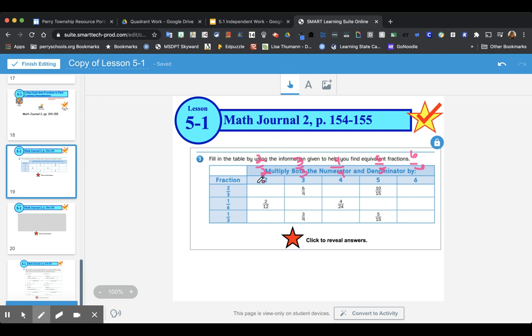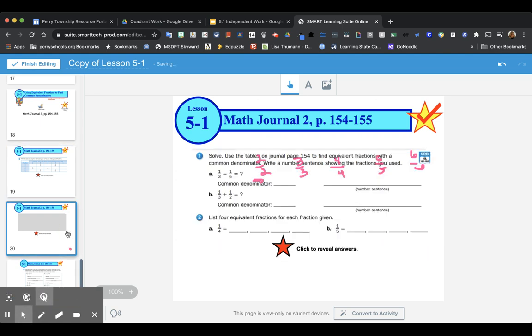I know in the past I've had some people just look at this as a single digit, and then they actually tried to do 2/3 times 2. That's not what we're doing right now. We're doing 2/3 times 2 over 2. Okay? So pause your video, go ahead and solve those. And you can also do problems 1 and 2 using that table.